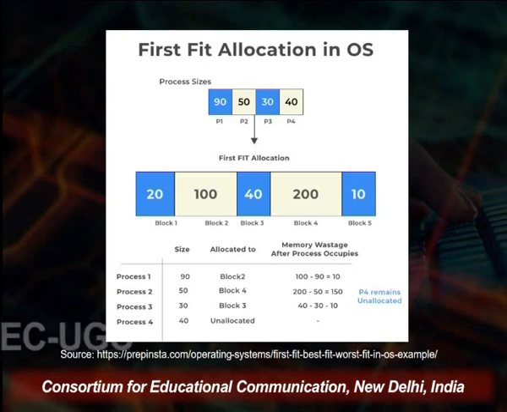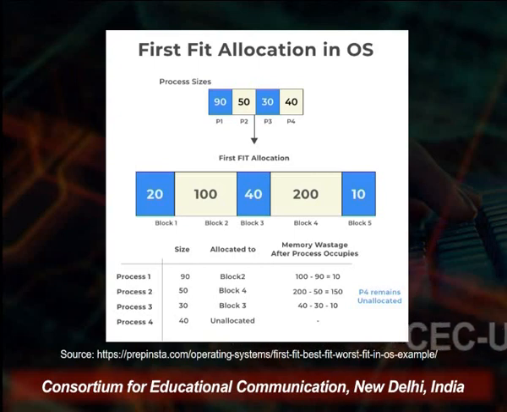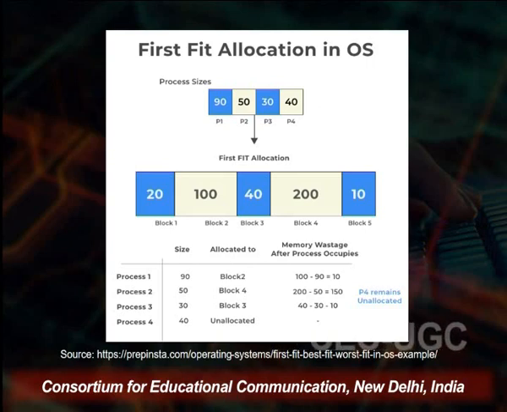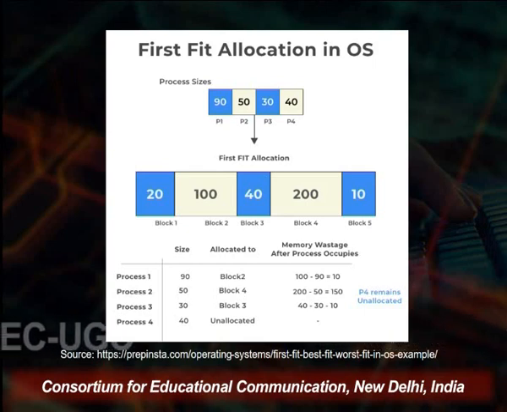The first block is of 20, so we cannot allocate here. The second block is of 100, and we are happy to have it, because 100 is good enough to accommodate process P1 of size 90. But the memory wastage here is 100 minus 90, which equals 10 units or 10 MB.